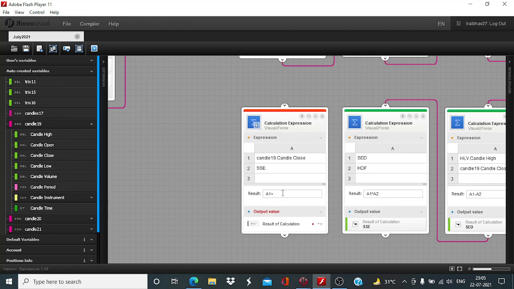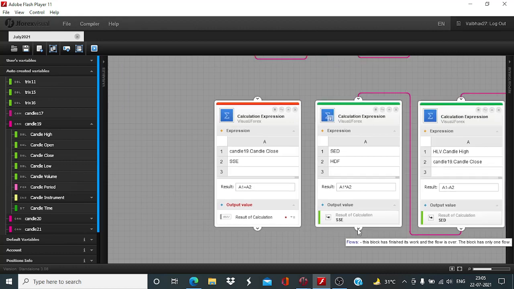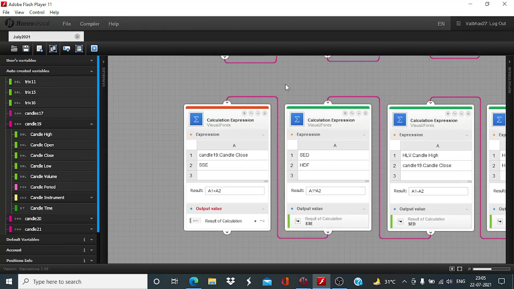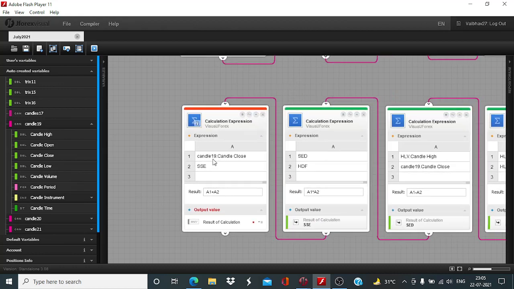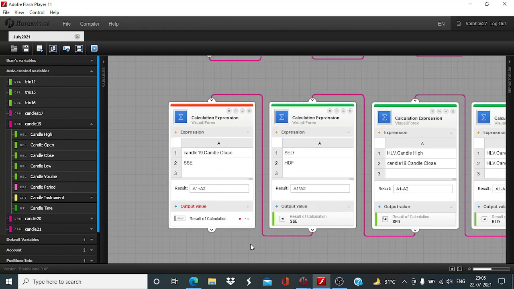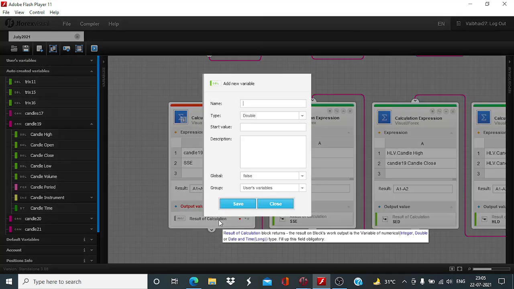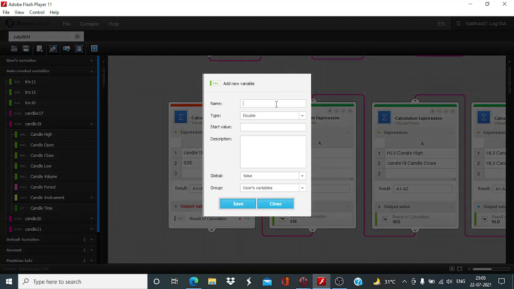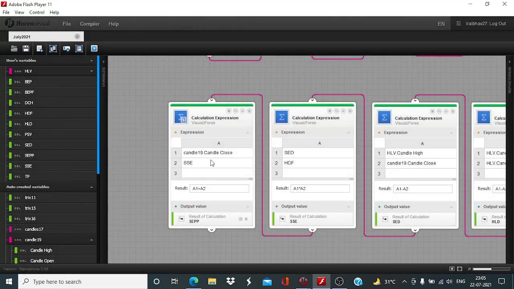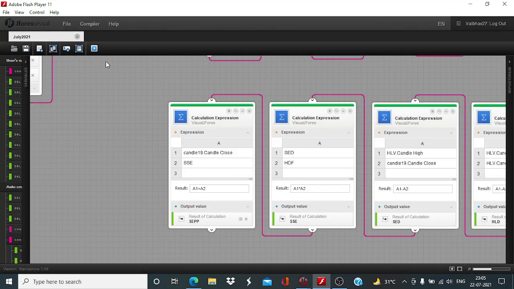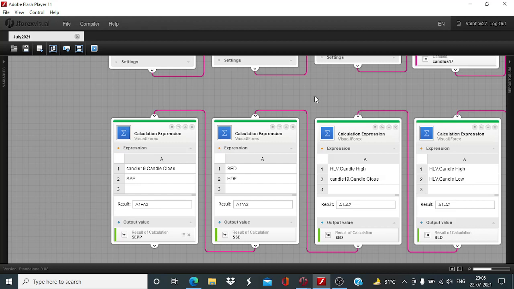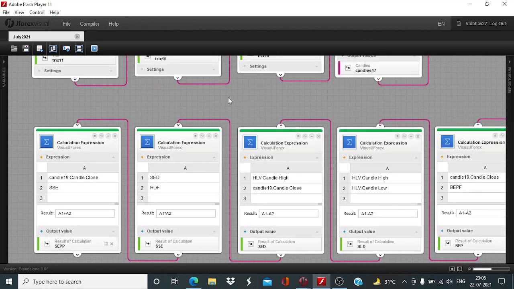A1 plus A2. So this is going to be our execution point for the trade to take place, provided all other conditions are in place.